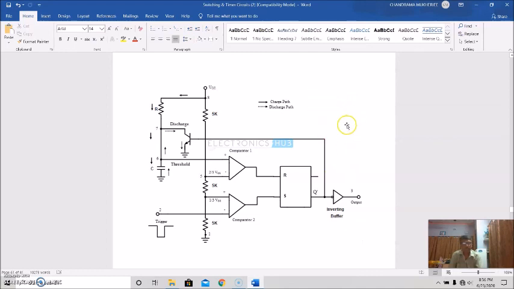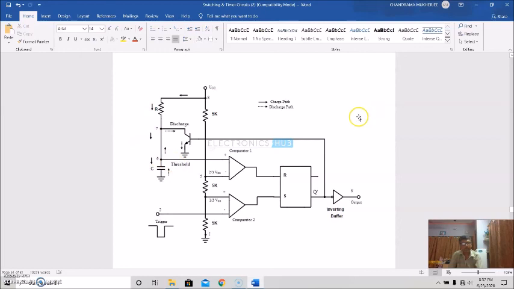It will stay in this state, and when the next pulse is applied, it will come down from this state. If it is high, it will come to low, and then again will stay low, unless and until the next pulse comes.